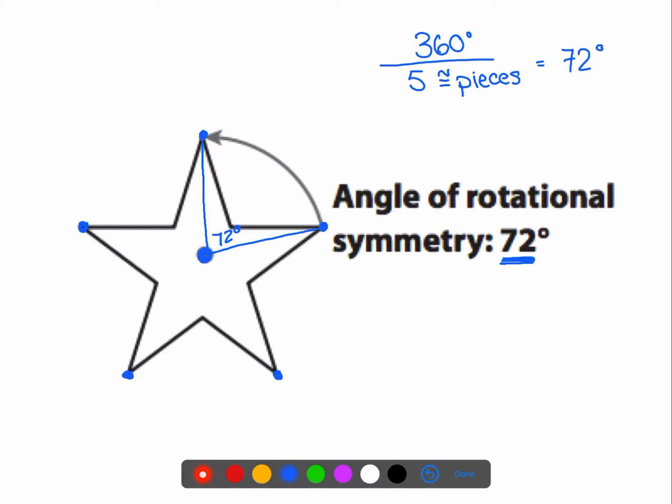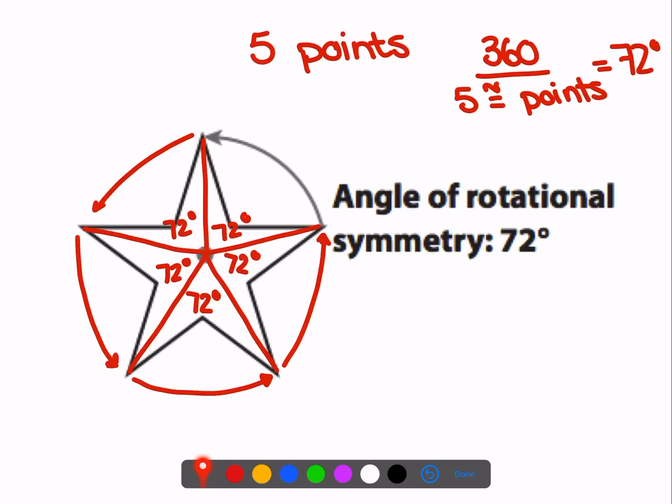And in fact, every single one of these angles that we can create here is 72 degrees. So again, here it is, 72 degrees here, here, and so on. So that is why our angle of rotation is 72 degrees. Because in 72 degrees, when I rotate it, this point will map right here, and it will look like the exact same image that we started with, which is what we're looking for.